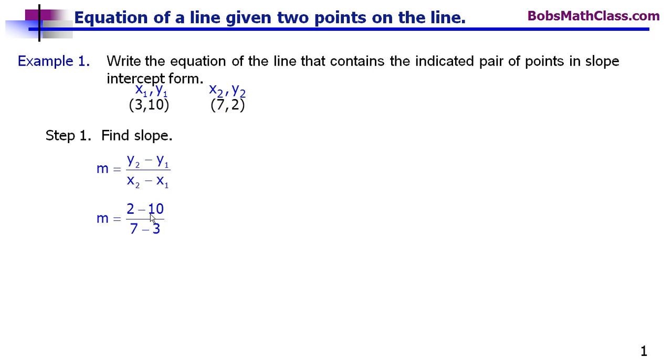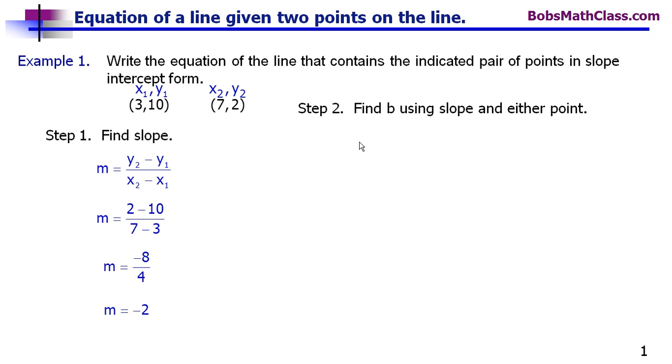So work that out. 2 minus 10, negative 8, and 7 minus 3 is 4. 4 divides evenly into 8. So m is equal to negative 2. Okay, so we found the slope. Well, what's next?